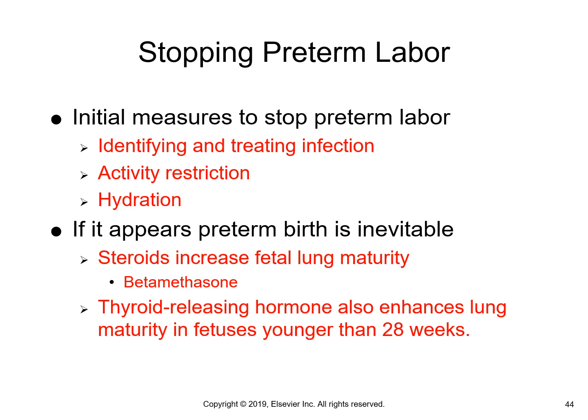For example, if an infection is causing the preterm labor, then identify it and treat it. We can also put the mother on bed rest, or activity restriction, and hydrate them with IV fluids and increased PO fluids.